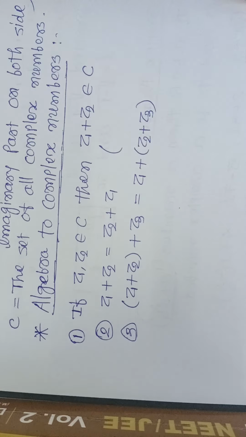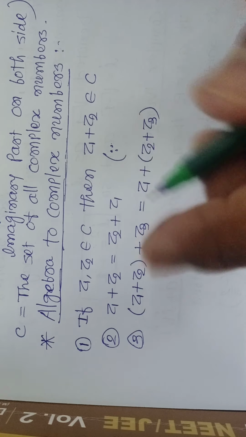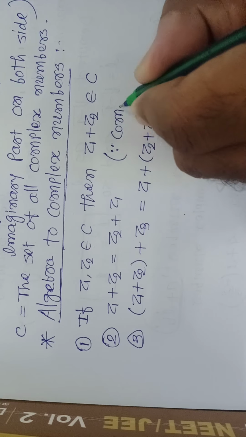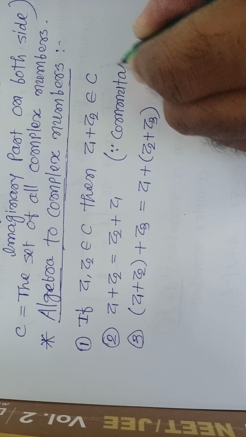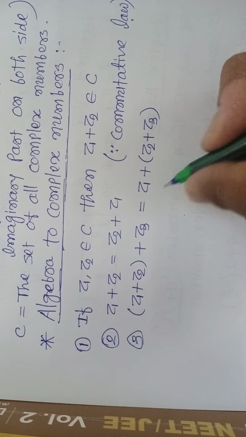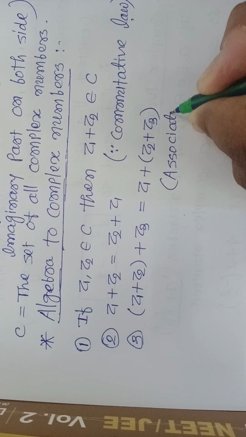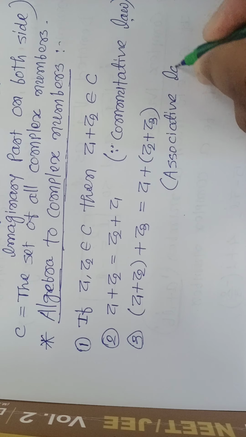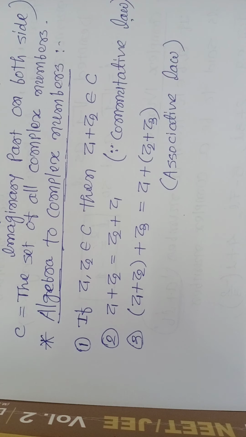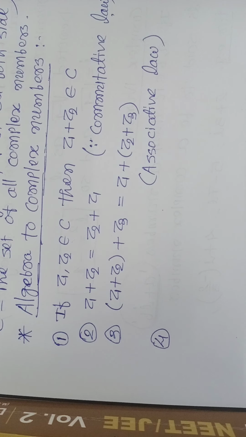Do you know which rule this is? z1 plus z2 equals z2 plus z1 is the commutative law. I think you know that. And this one is the associative law.